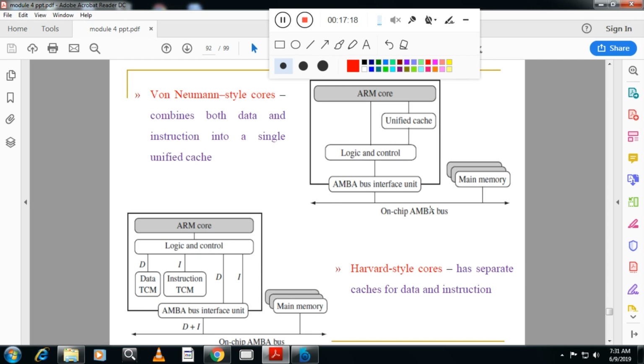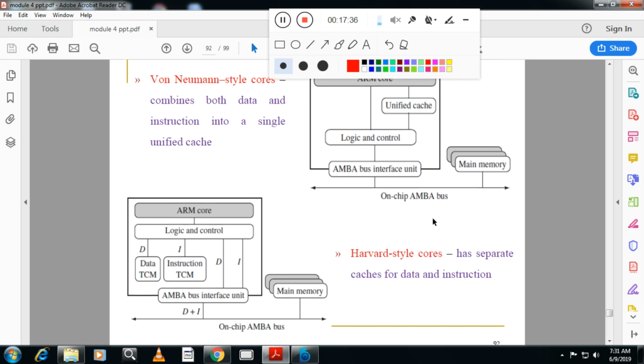Main memory is accessed by using AMBA bus technology, the Advanced Microcontroller Bus Architecture.